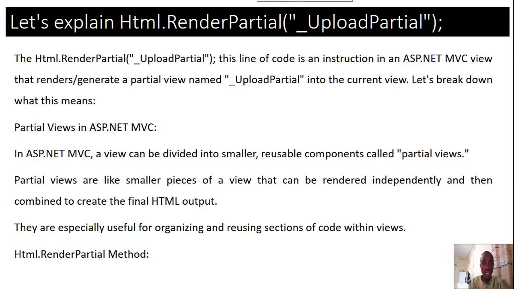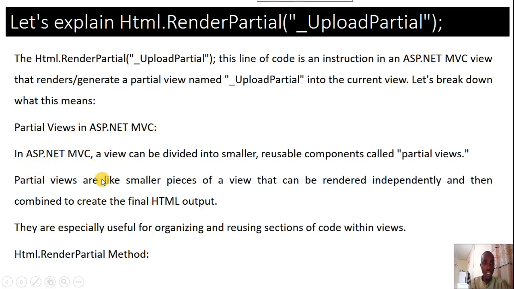Now let's see. This line of code is an instruction in an ASP.NET MVC view that renders or generates a partial view, named this, into a current view. Let me break it down. What does this mean? Partial view in ASP.NET.